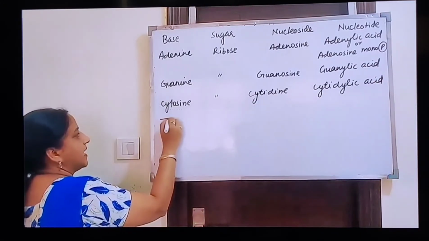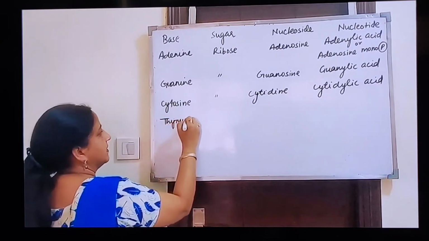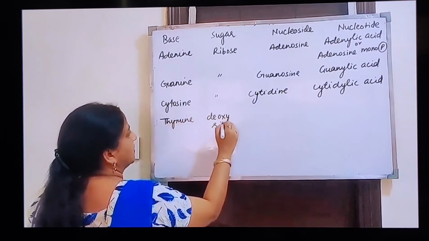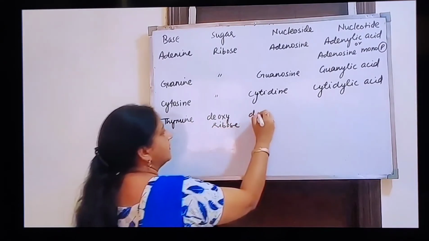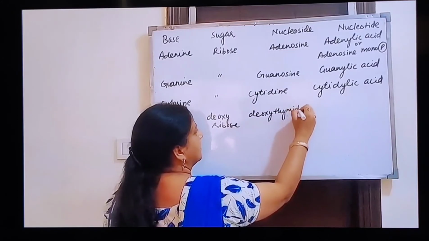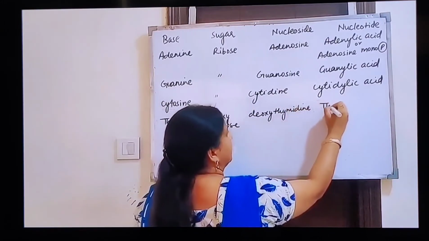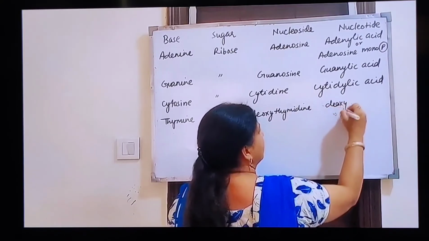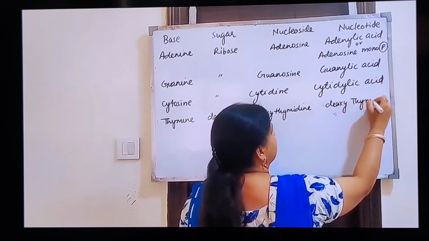If I take thymine and deoxyribose sugar, then it will become deoxythymidine and the nucleotide will be deoxythymidylic acid.